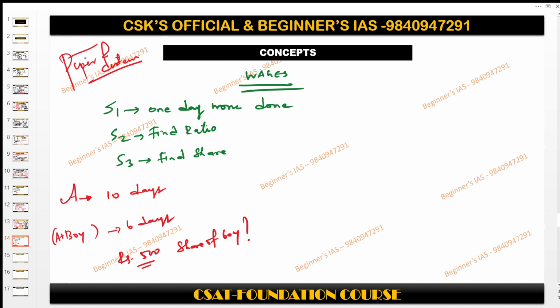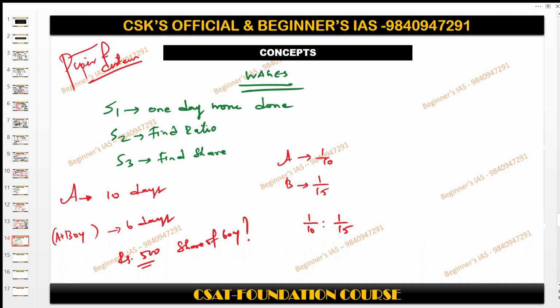You can use the steps. So what is A's 1 day work? 1 per 10 days. And this is 1 by 6. So find the ratio now, listen carefully. Ratio means just you need to make the proper fraction. So in order to make it in a proper fraction, we can take 150 as LCM.